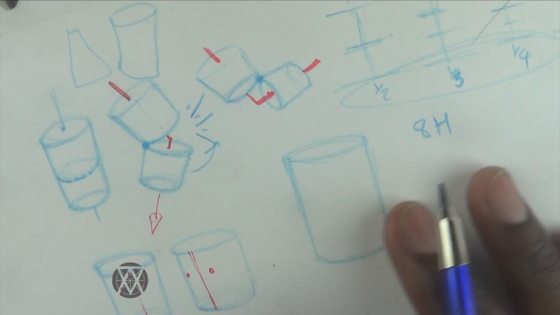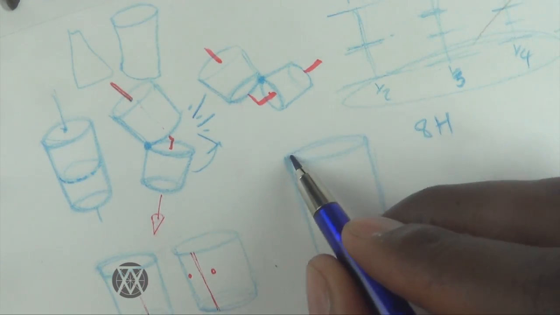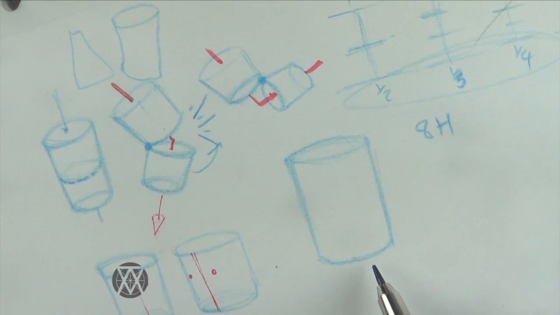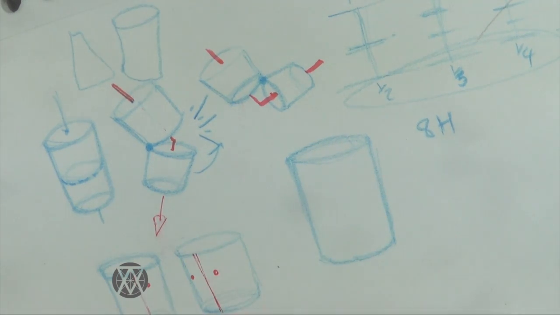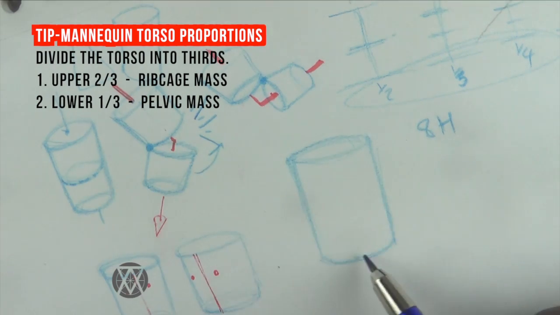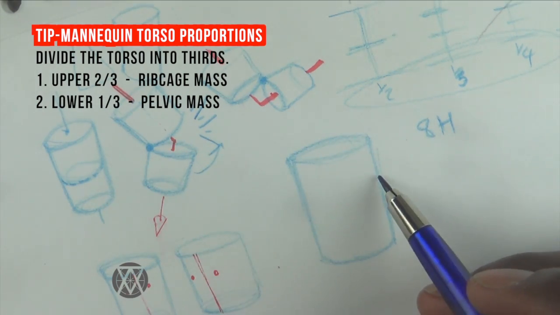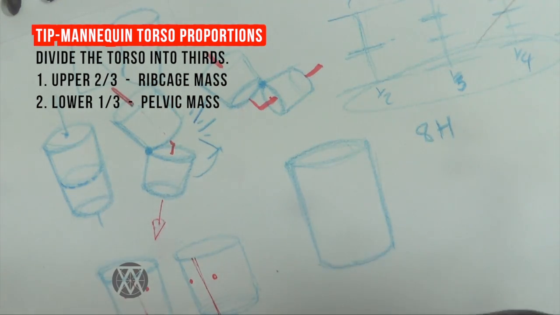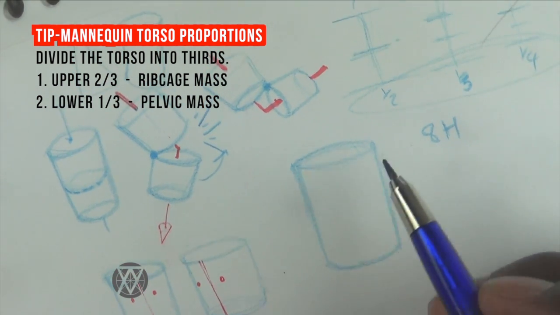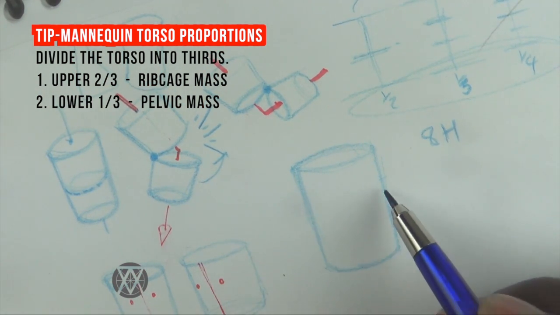And a very, very easy way to think of mastering the proportions of the figure is to divide the torso into thirds. So I'm including the torso. When I say the torso, I'm including the upper torso, which is the rib cage mass, and I'm including the pelvic mass. Okay, so let's say we divide this in thirds, like so.